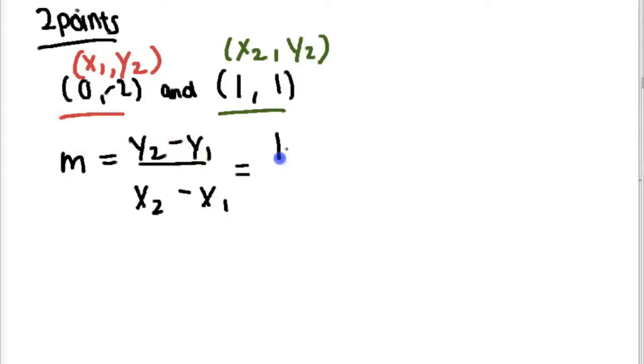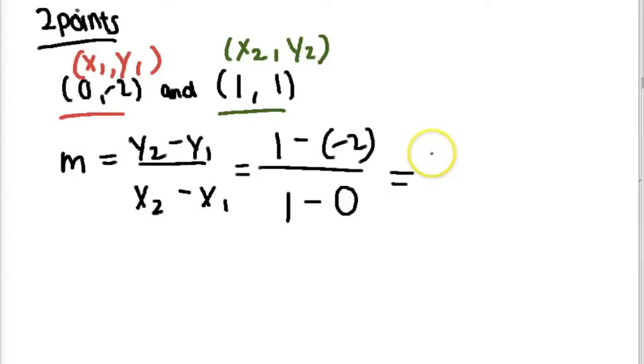So y sub 2 is 1 minus y sub 1, oops, that was supposed to be negative 2. Sorry. And x sub 2 is 1 minus 0, because x sub 1 is 0. So solve for this, and you get 3 over 1. So now you know the slope is 3.